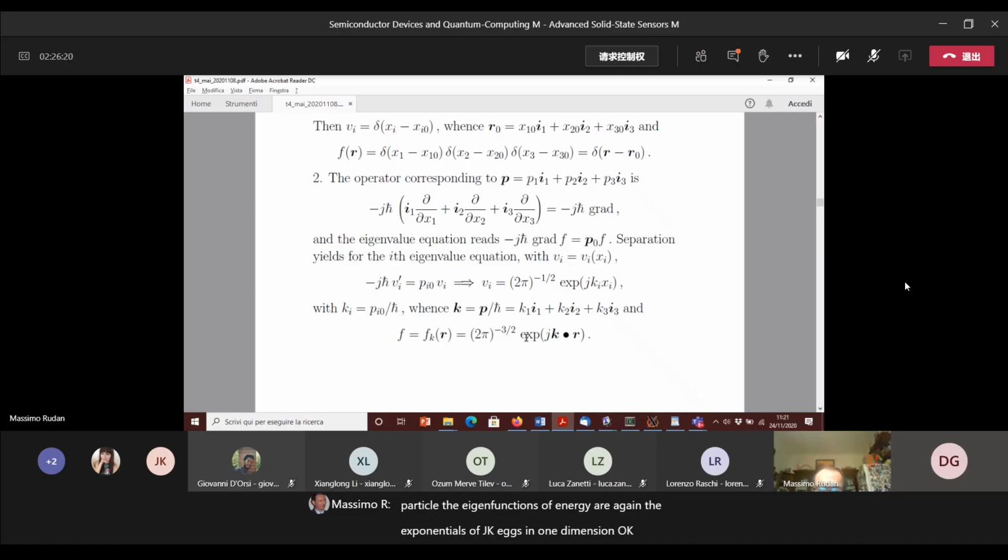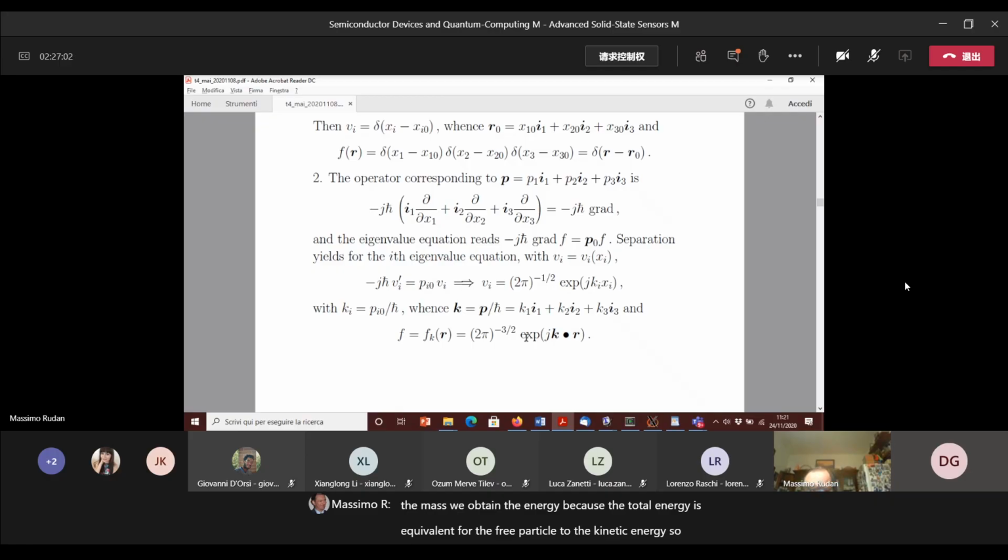So we notice that the Hamiltonian of the free particle and the momentum operator are two different operators, but they have the same eigenfunctions. This is no surprise because you remember, for a free particle, if we know momentum, we take the square of momentum and divide by twice the mass, we obtain the energy because the total energy is equivalent for the free particle to the kinetic energy.